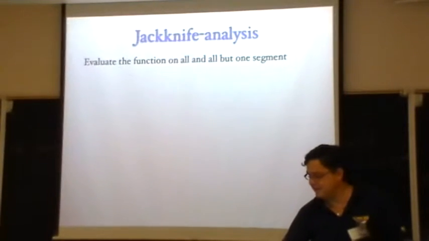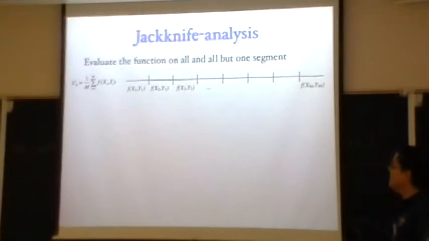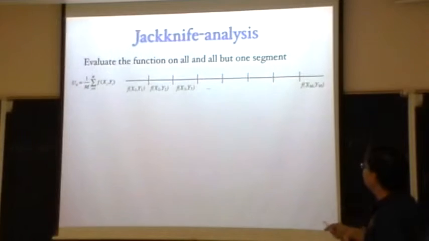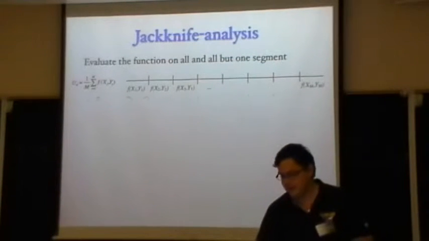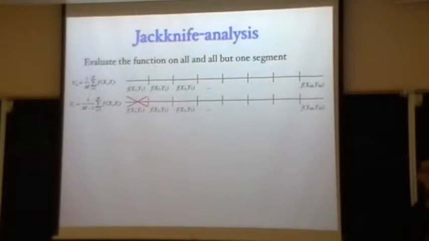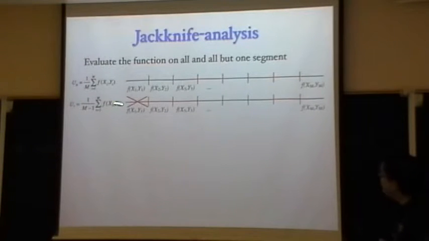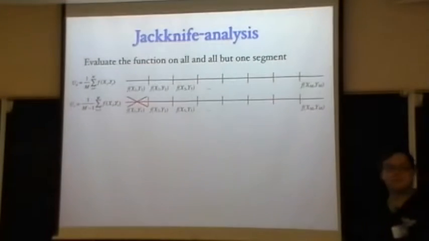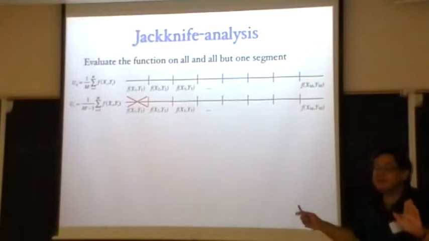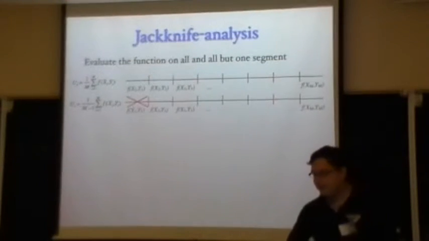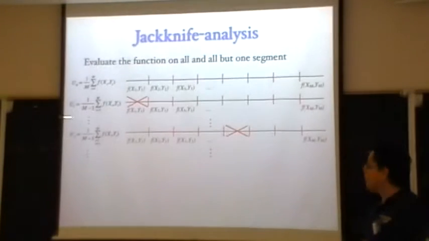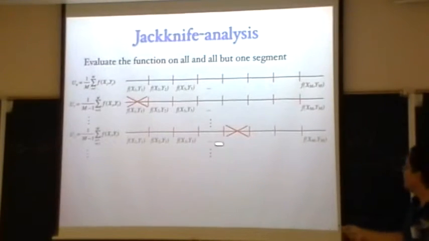The jackknife is the easiest here. And what that means is you take your function, you calculate it once on the whole time series. Then you calculate it once more, but now you don't calculate it on only the first bin of the time series, but you calculate it on all bins except the first. So it's pretty stable because you have all but one bin in. You have almost all your data. Then you calculate it in all but the second, the third, and on.